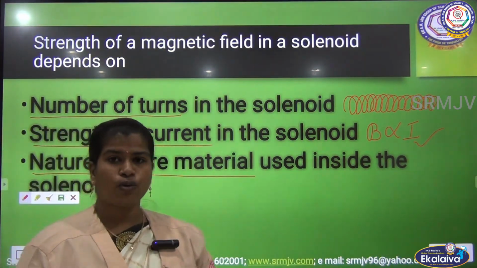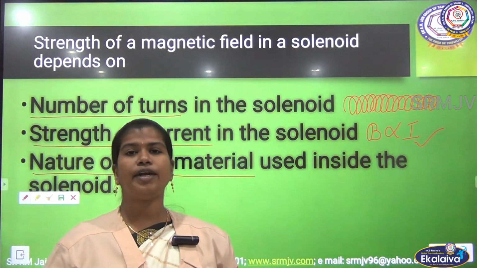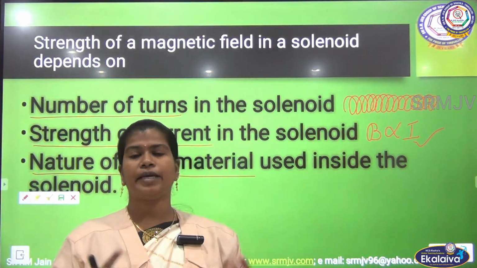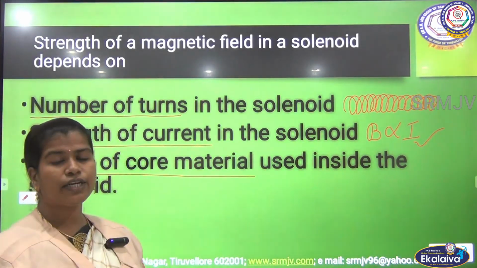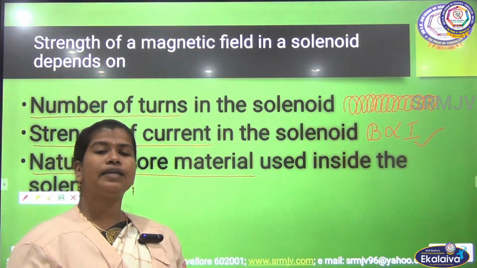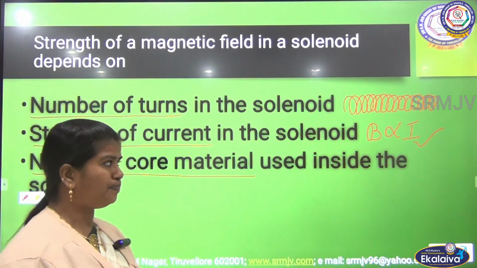If I insert a soft iron inside the solenoid, it will get magnetized and behave as an electromagnet. So based on the nature of the material I insert, I can increase the magnetic field around the solenoid.